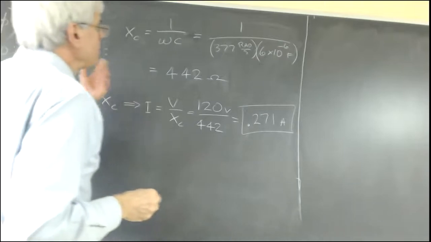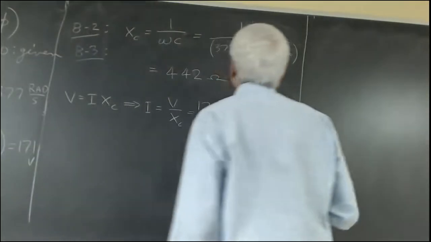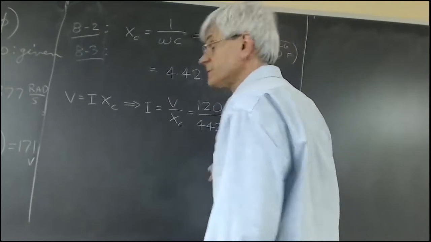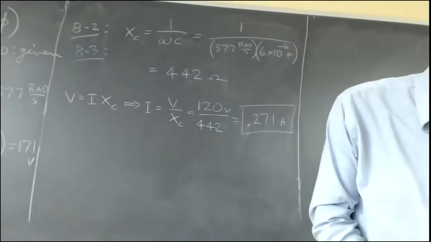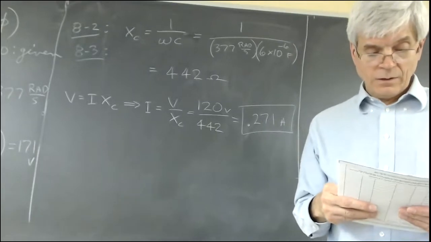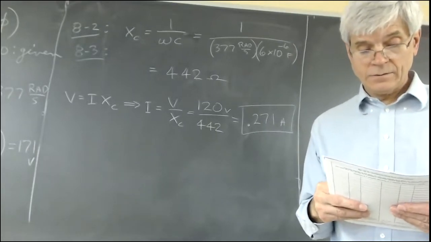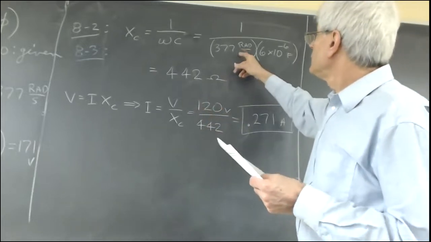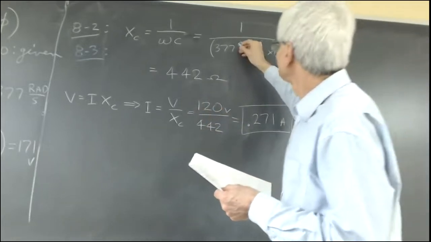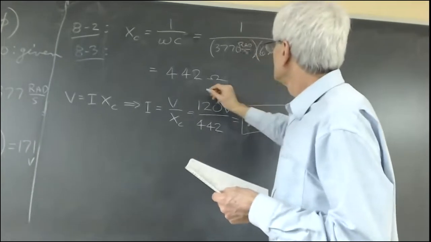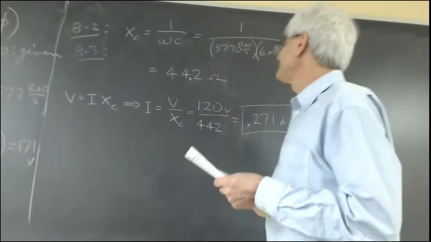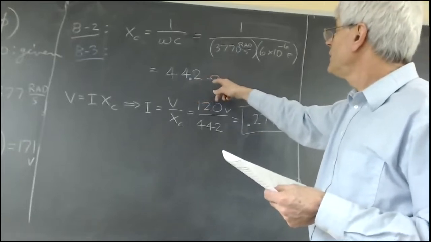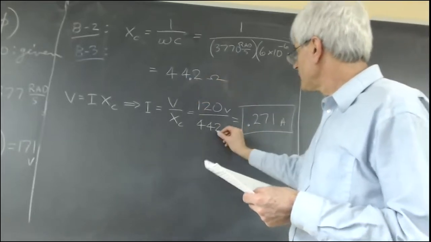In number 3, instead of 60 hertz, we've got 600 hertz, which makes this bigger, which makes this smaller. 44.2 ohms instead of 442.